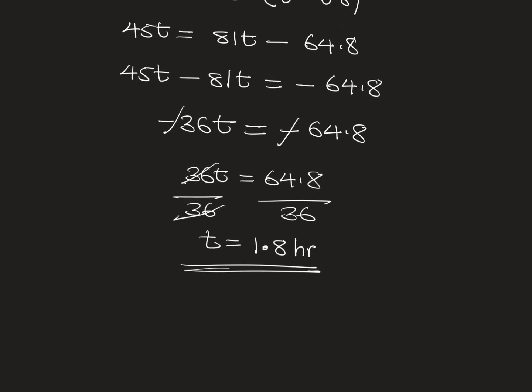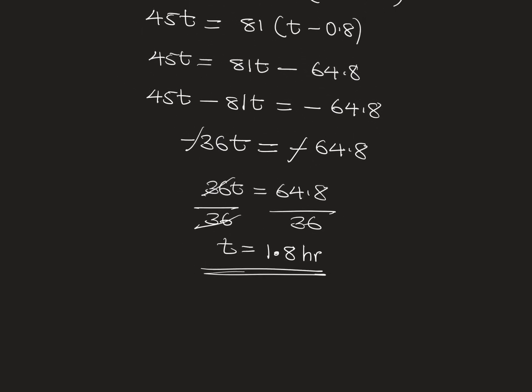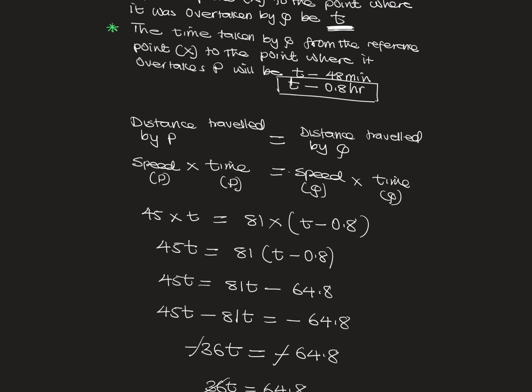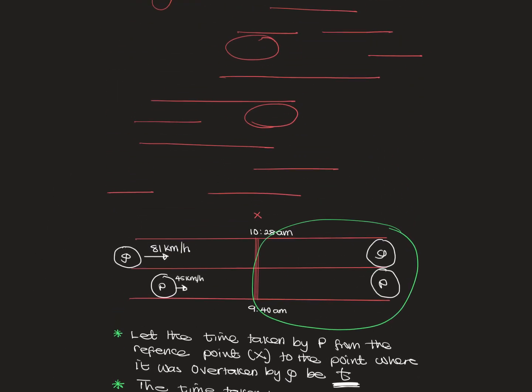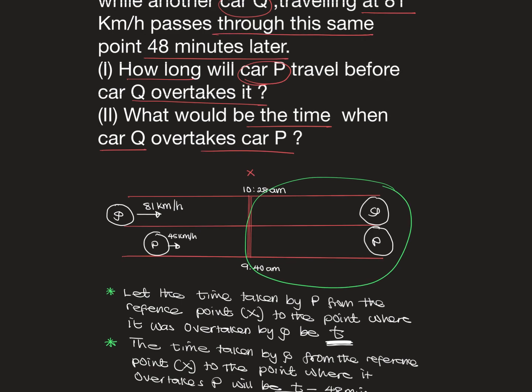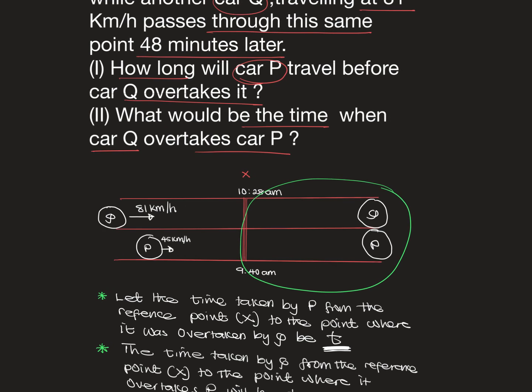So that 1.8 hours can be converted to minutes by multiplying it by 60, right? So we will have 1.8 times 60, we'll have 108 minutes. So it means after P travels 108 minutes, that is the time it can be overtaken by Q. So this is the answer to the first question, which says, how long will it take car P to travel before it overtakes Q?